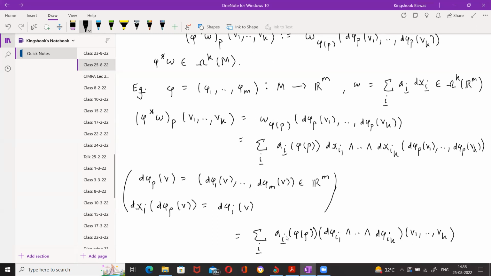Is this clear? Yes. Okay, using this equality star here. Okay, so by star.